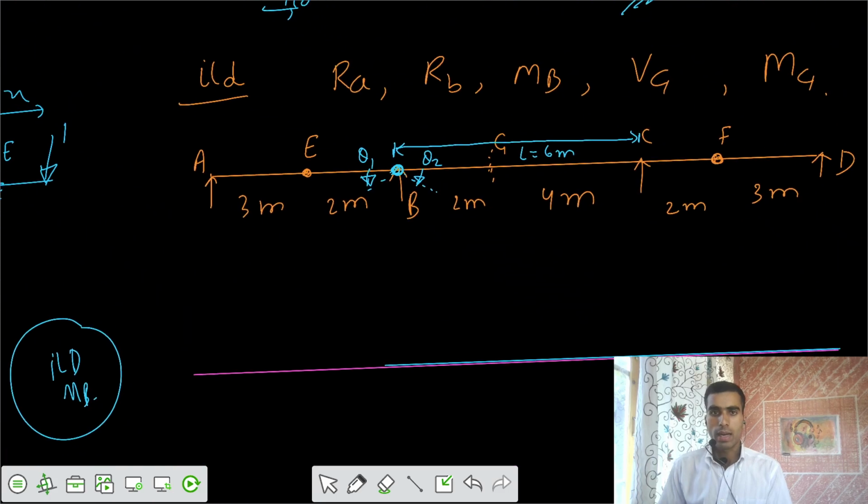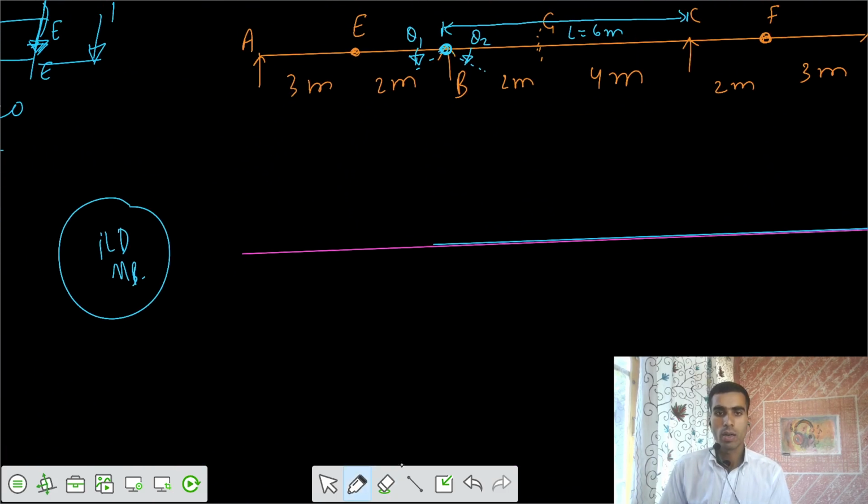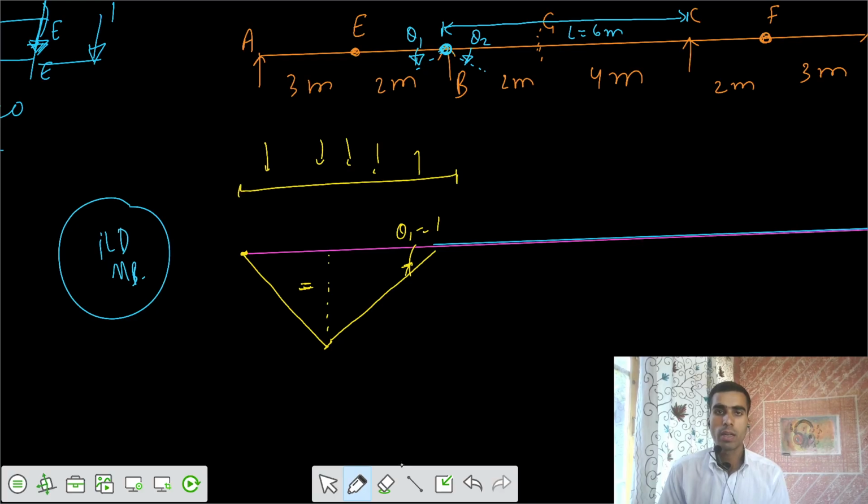Let's go for that ILD now. You rotate it by some theta 1 equals 1 unit, and what is the maximum ordinate we can have then? I have to ensure that point A does not go anywhere. So your negative BMD has been developed. That means moment at B is negative for all values of x such that the load is anywhere in this part, and that value equals the ordinate.